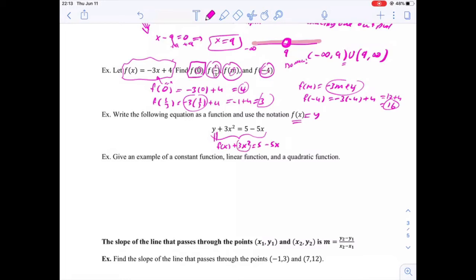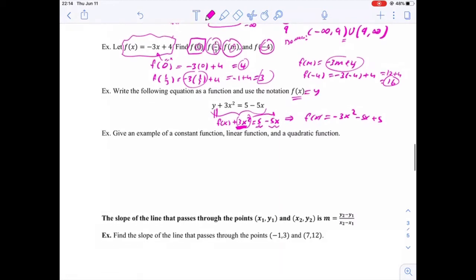And then we need to isolate f of x in order to write the function. So f of x equals, when we bring 3x squared to the right-hand side, it becomes negative 3x squared, and we already have -5x, and we already have 5 on the right-hand side. And that's a rule or formula for this function.